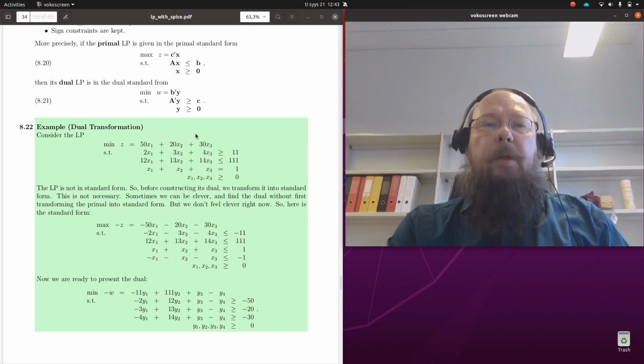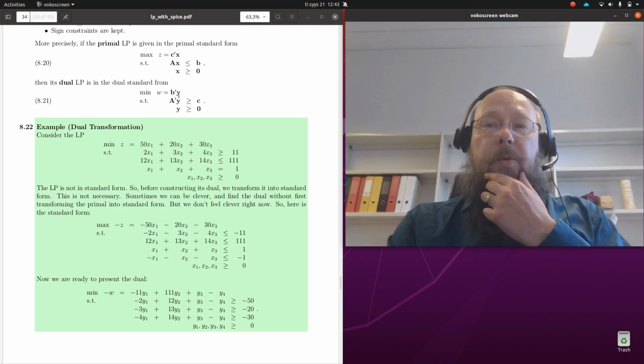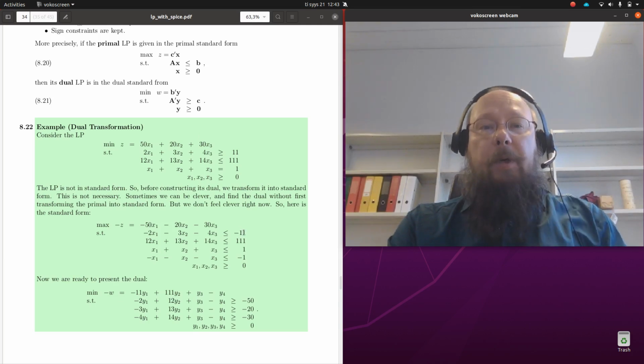And this will correspond to the decision variables y, and we will have 4 y's because we have 1, 2, 3, 4 constraints here. So the objective is to minimize minus w: minus 11 y1 plus 111 y2 plus y3 minus y4. That's it.